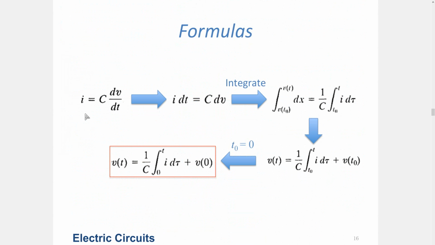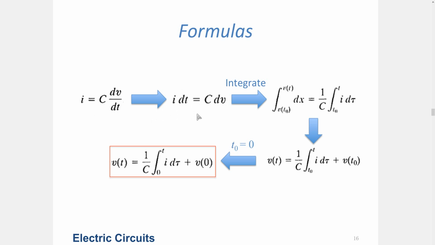Now, the terminal equation for a capacitor is given as the current i equals C times dv over dt. As you can see, the current is proportional to the derivative of the voltage times the capacitance value. If we move the dt next to i, we can create the expression i dt equals C dv.